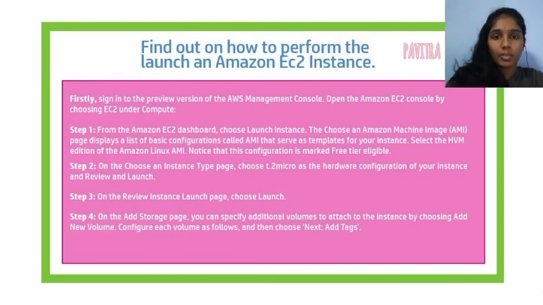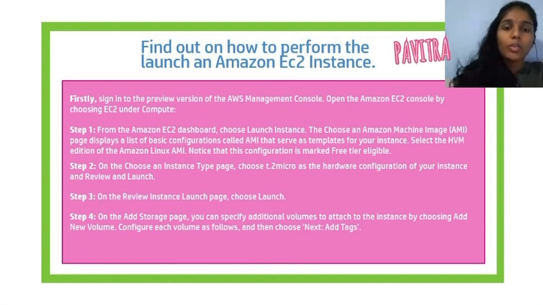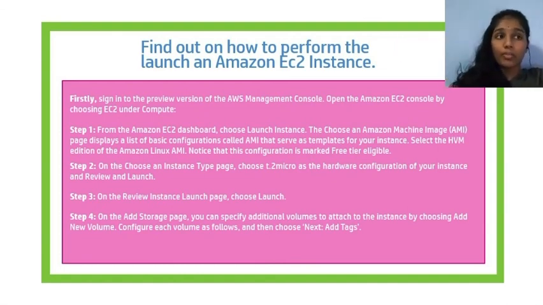Hi madam, my name is Pavitra and I will present how to launch an Amazon EC2 instance. Firstly, sign in to the AWS Management Console. Open the Amazon EC2 console by choosing EC2 under Compute. Step 1: from the Amazon EC2 dashboard, choose Launch Instance.